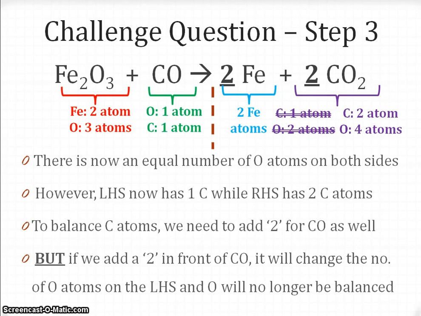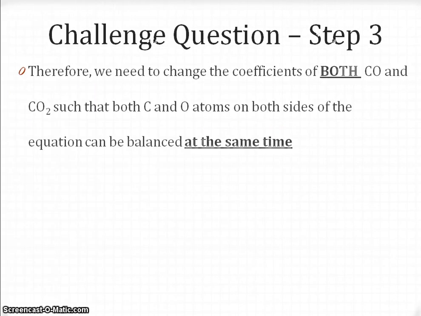Therefore, what we need to do is to change the coefficients of both carbon monoxide and carbon dioxide such that both carbon and oxygen atoms on both sides of the equation can be balanced at the same time.